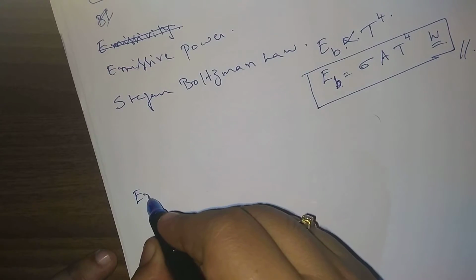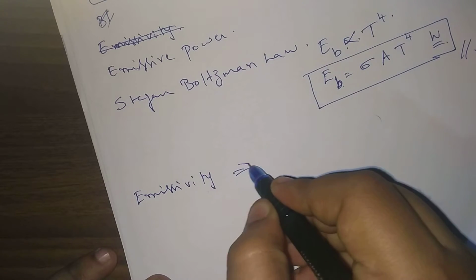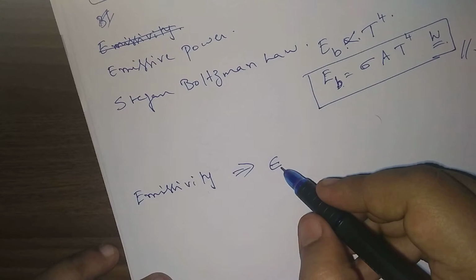Now how do we define emissivity? Emissivity is denoted with epsilon.